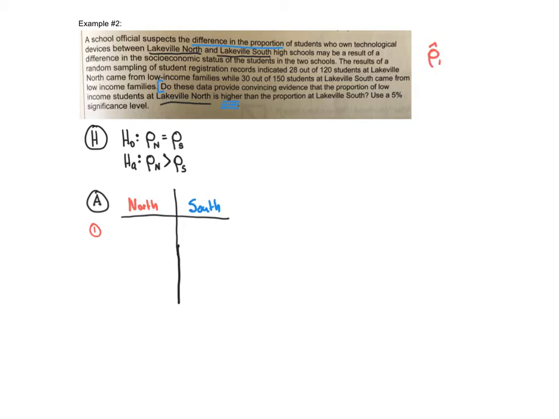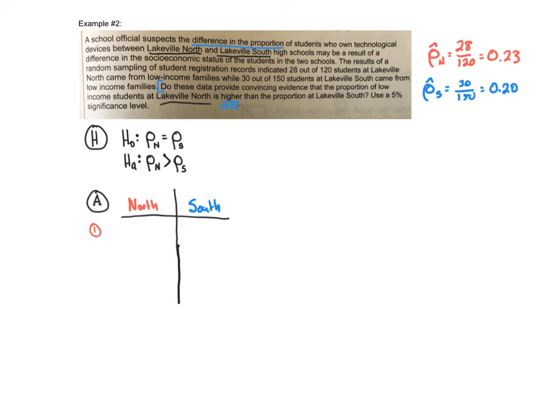P hat North is the result of the random sample of student registration at Lakeview North, so 28 over 120. 28 divided by 120, I get 0.23. And P hat South is 30 out of 150, which is exactly 20%, so 0.20.